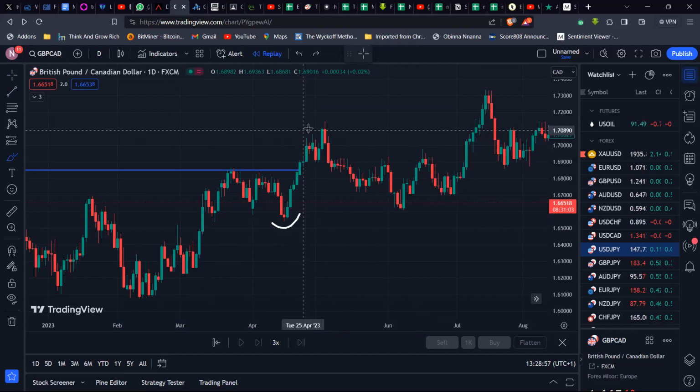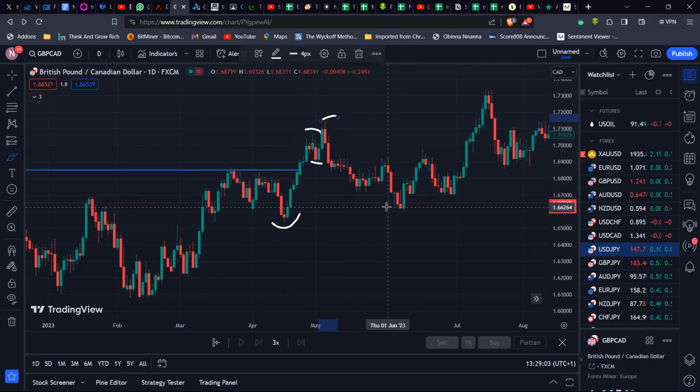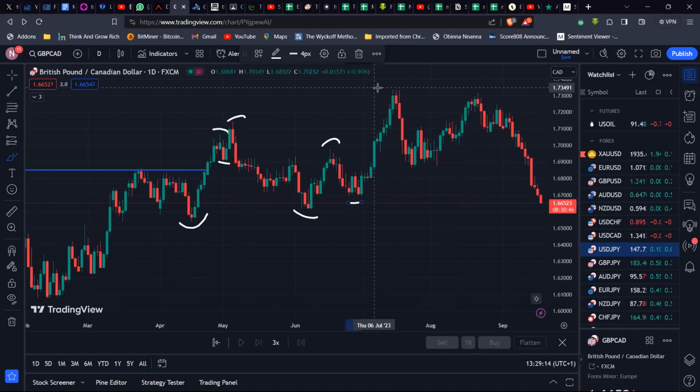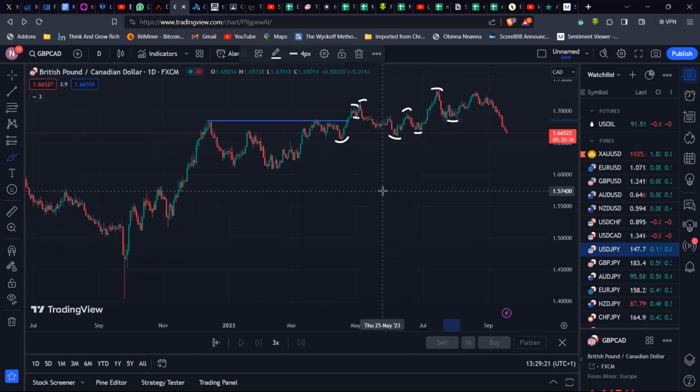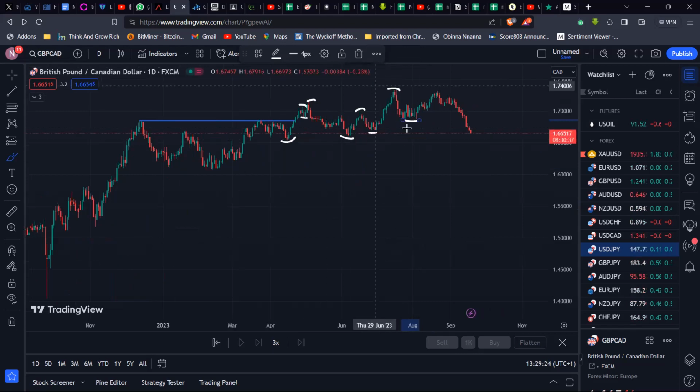So we broke this high, and then we made this low, and then that high, and then we broke down bearish, and then came here and made this high, and then this low, and then this high, and then this low. So in an overall bullish market, we've broken up twice.